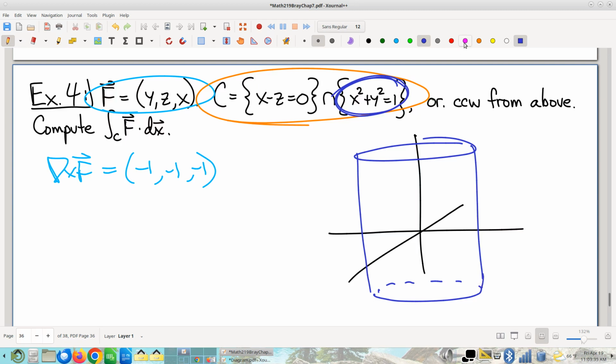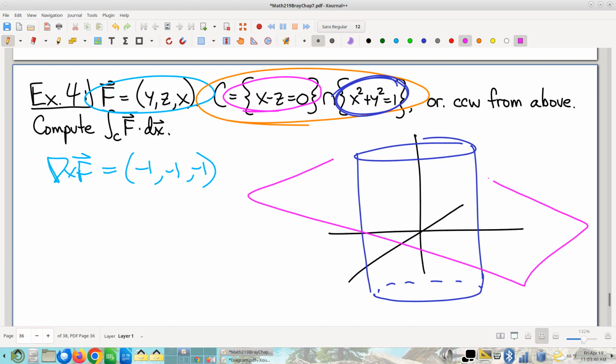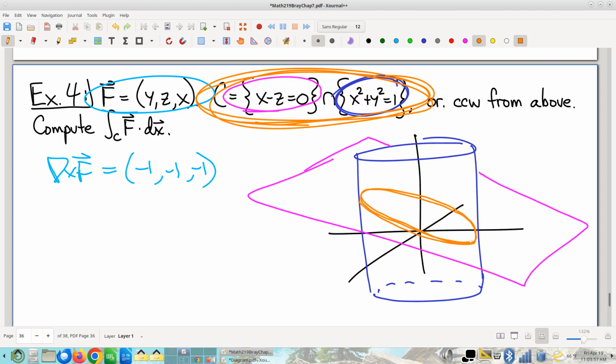My plane, x minus z equals 0. This is not a good picture of that plane, but anyway. The curve is the intersection of those two. I'm drawing morally the same picture here.